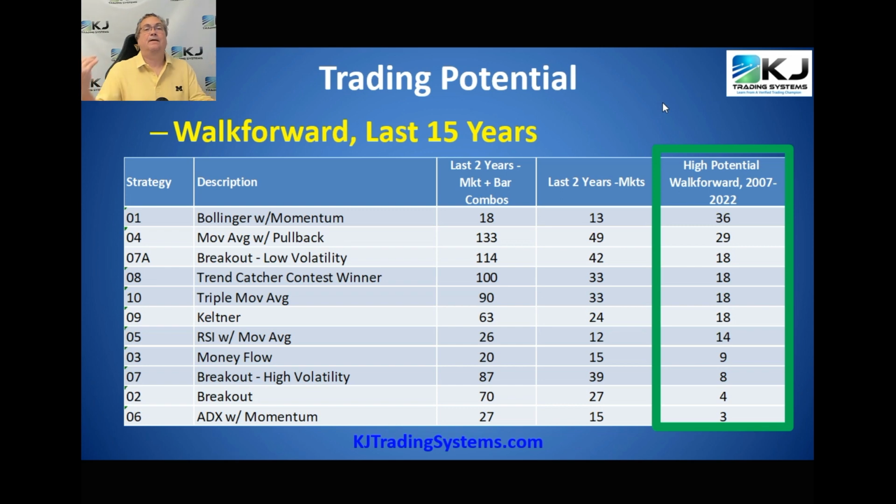But again, I'm just giving you some ideas of where I'd be testing. So if somebody said, hey, Kevin, go create a system, here's your choices, what would I do? I'd probably pick the Bollinger Band with momentum or the moving average with pullback, because that has the most possible cases that might work. So those are the ones with potential.